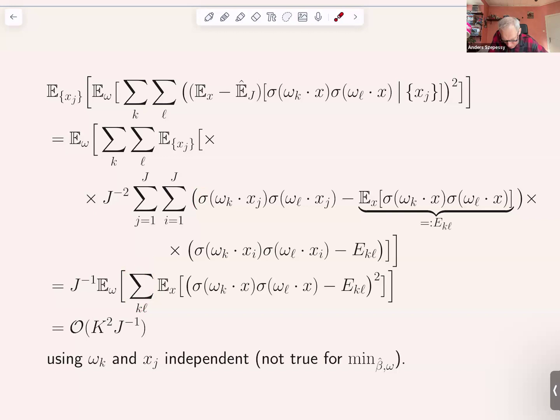But if we would do a standard minimization with stochastic gradient, then the frequencies will not be independent of the data points, and this step will not hold. So this proof is restricted in some sense to random features. We cannot easily generalize it to neural networks based on stochastic gradient descent, because we are using precisely independence here.